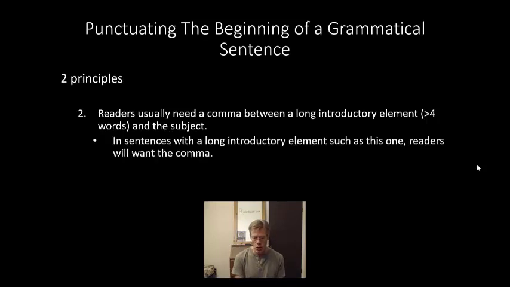In sentences with a long introductory element, such as this one, comma, readers will want the comma. So in this case, this is more than 4 words. It's going to make it a lot easier on your reader if they see that comma there, because then they know, oh, this is the subject of the sentence, readers. And they don't have to hunt for the subject. Readers need to find that subject quickly. That's part of the way that we process language.